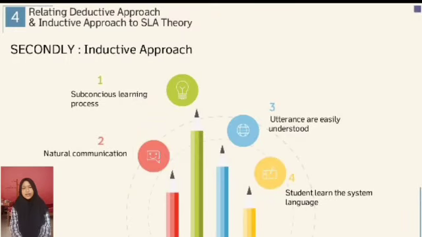The second is the inductive approach, which relates to the subconscious learning process, and it is similar to the concept of language acquisition. According to this approach, students learn the system of language, for example the rules of grammar, in the same way as students acquire their first or second language.